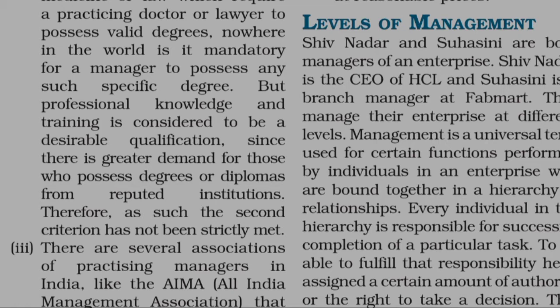Superiors are those persons who are the boss in the organization, under whom many employees are working, and subordinates are the people who work under the superiors, the employees in any organization. It gives rise to the different levels of management in an organization.